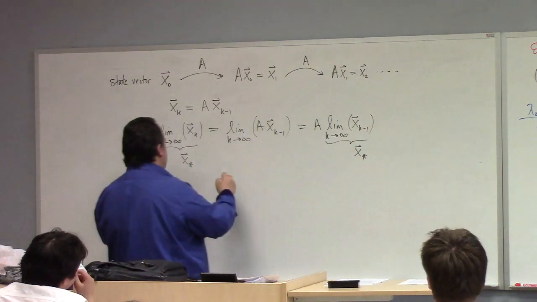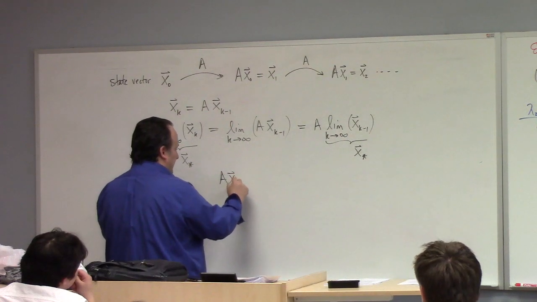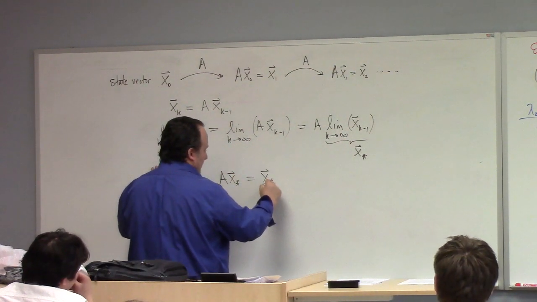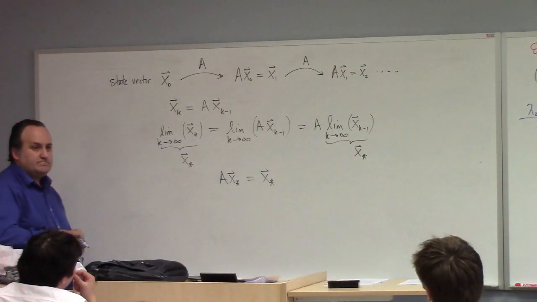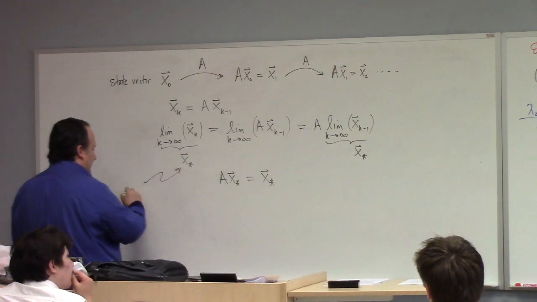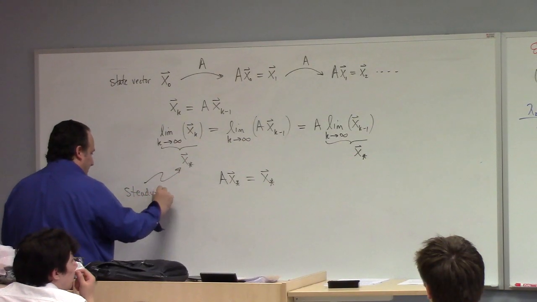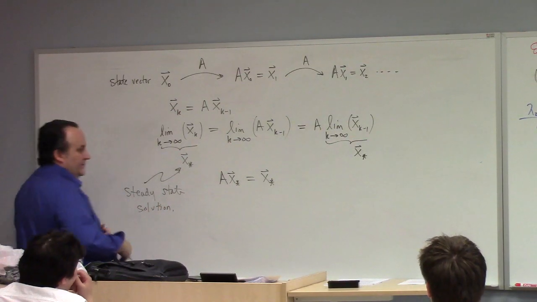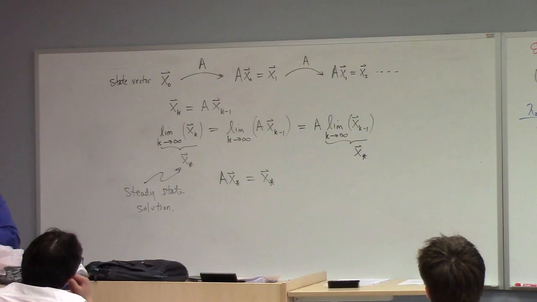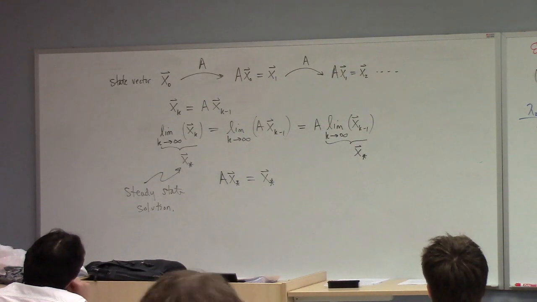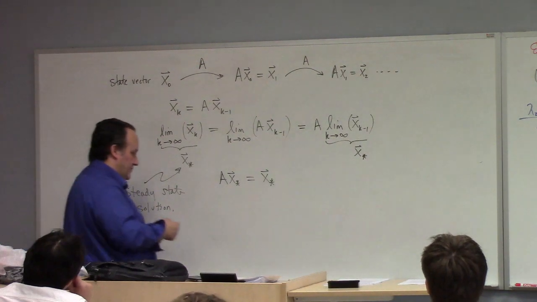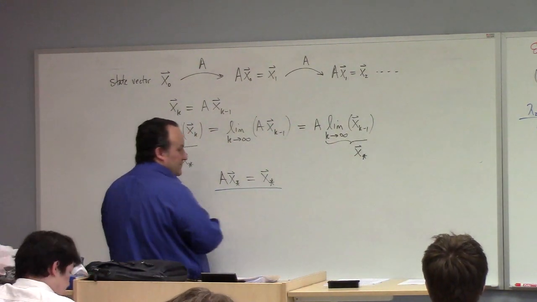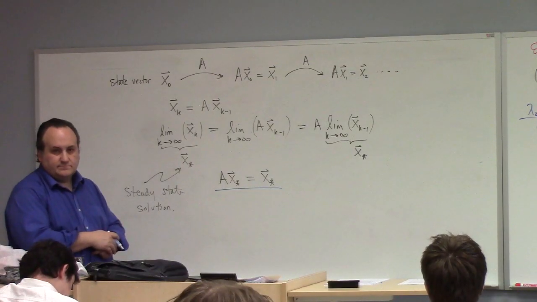What does this mean? This means that A times x sub star is equal to x sub star. This is also called the steady state solution for such a problem. Is it an eigenvector? If so, what's its eigenvalue?